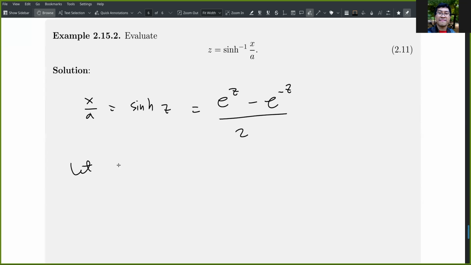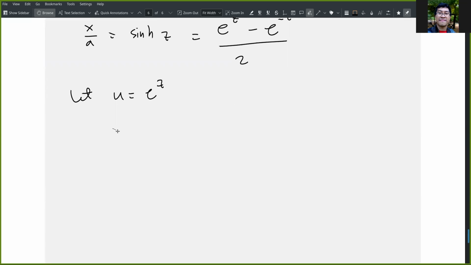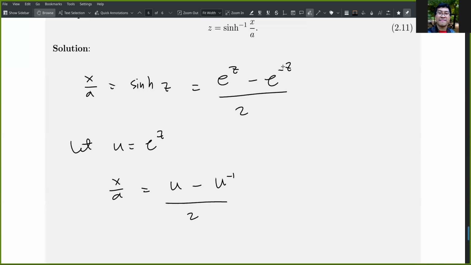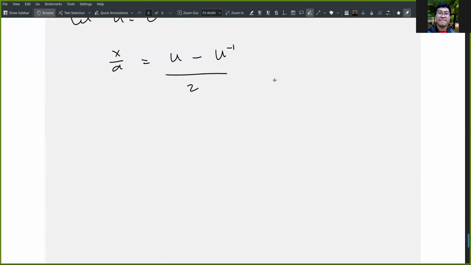So if we let u equals e to the z, then we have x over a equals u minus u inverse, over 2. So you have here u inverse, u to the minus 1. Multiplying both sides by, say, 2u and a.